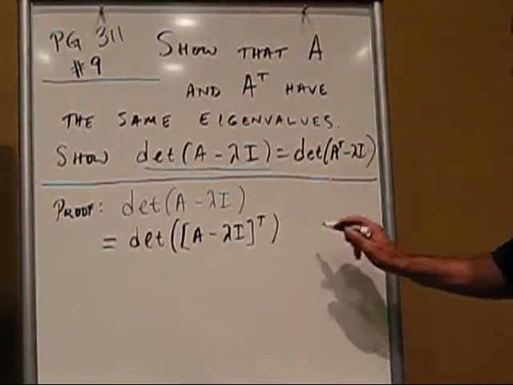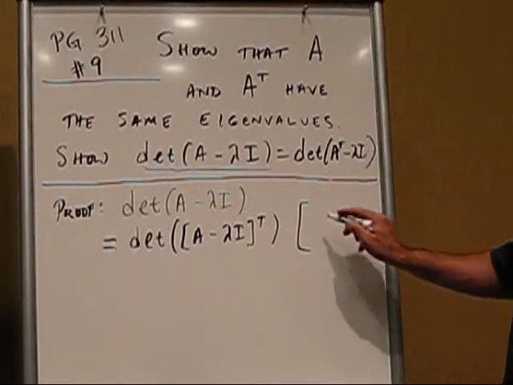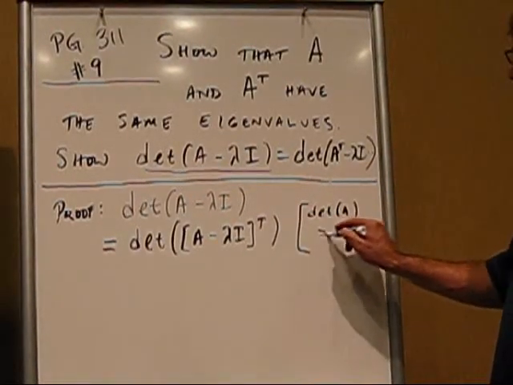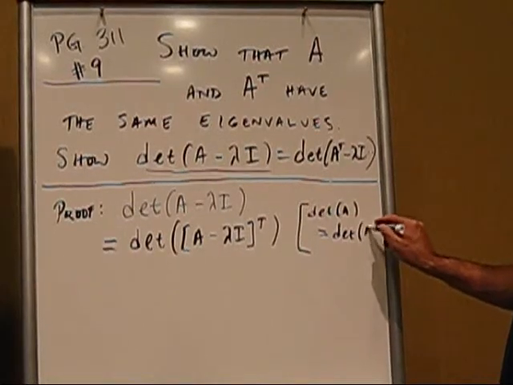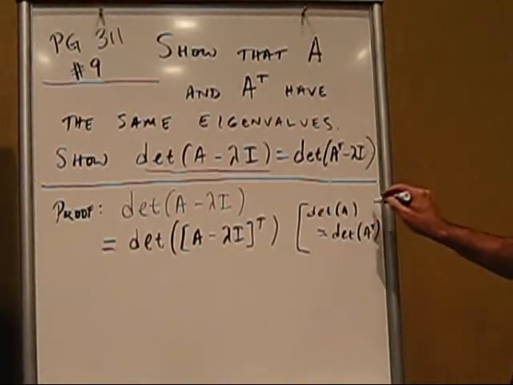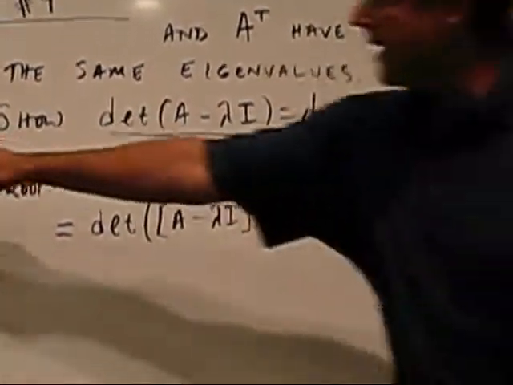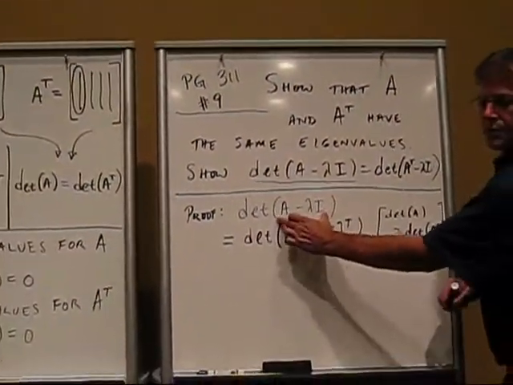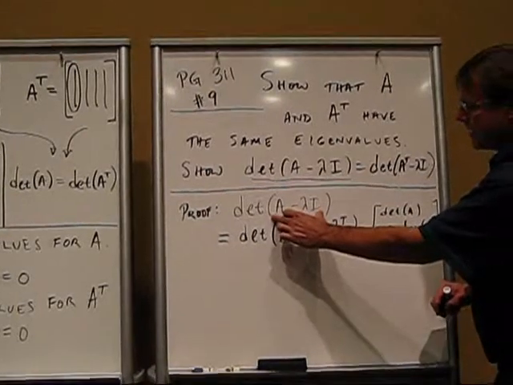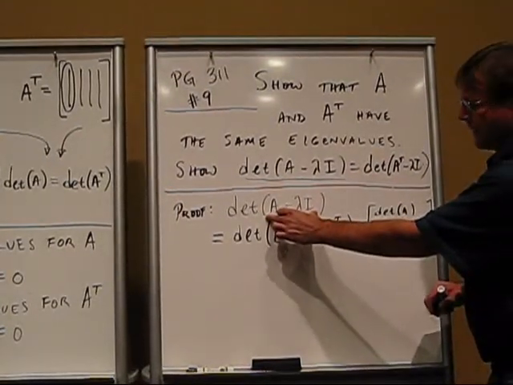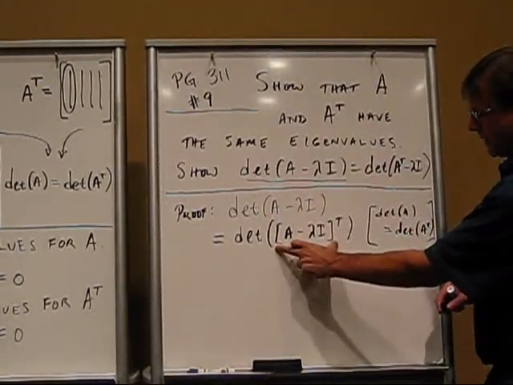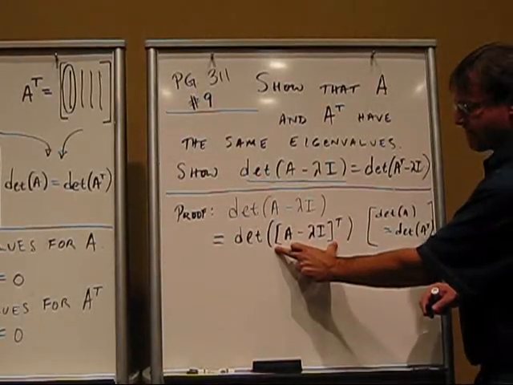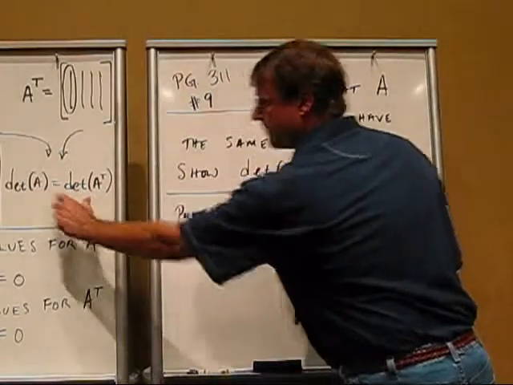What I'm doing is I'm using this rule here that the determinant of A equals the determinant of A transpose. I'm using this fact right in my first step to say that, even though this is written out as more complicated, it's still just a matrix. And I'm going to take the transpose of the matrix, and that should give me the same thing based on this rule.